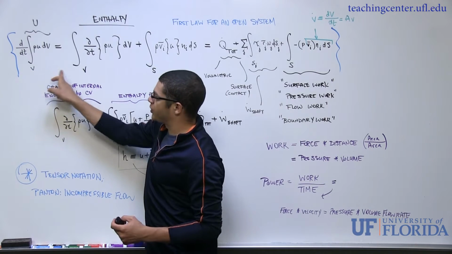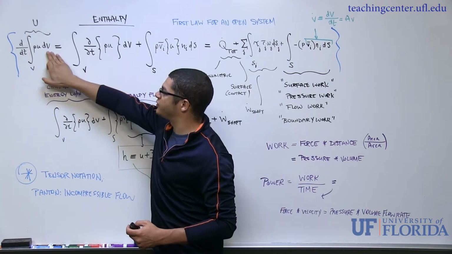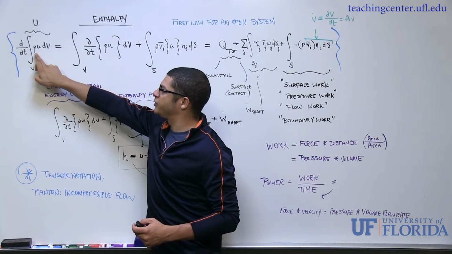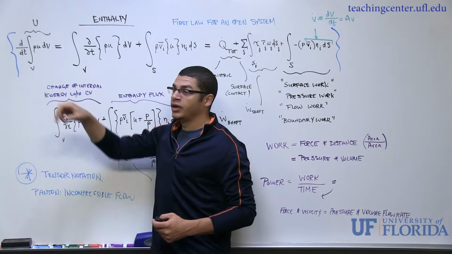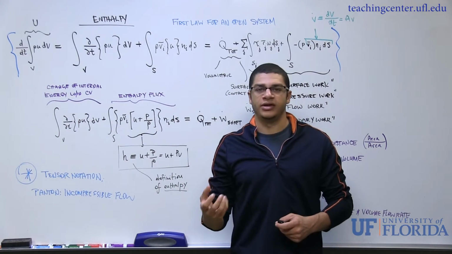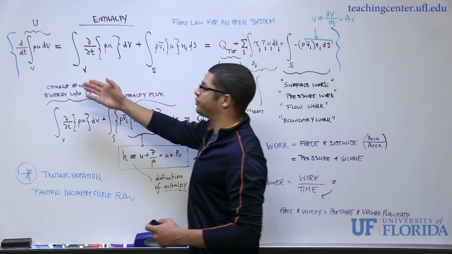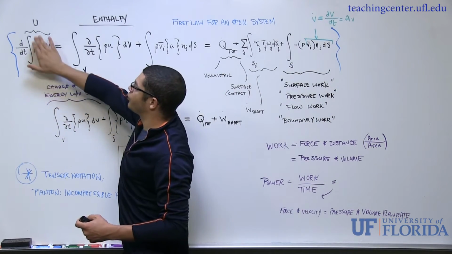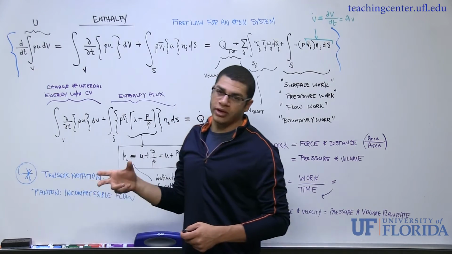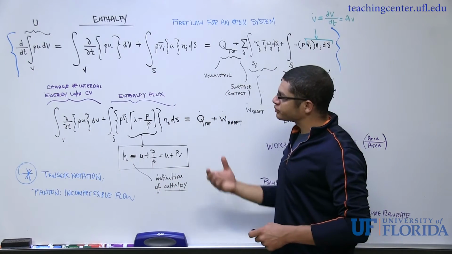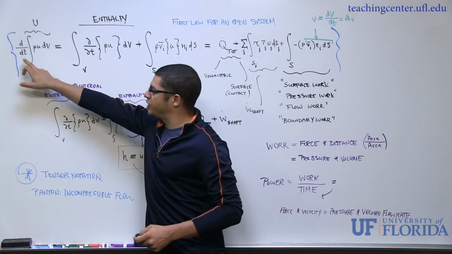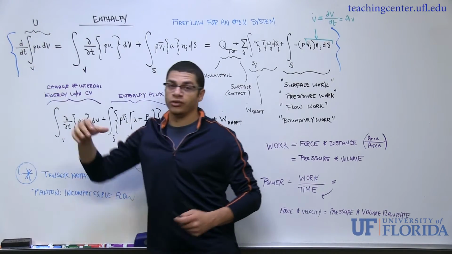So just this integral right here, I'm summing over all of these differential volume elements this product rho u, and the product rho u gives us the internal energy per unit volume within our control volume. So this entire integral is going to give us the total internal energy of our system, and I'm curious what the time rate change of the internal energy is.